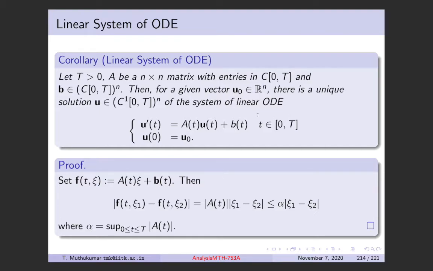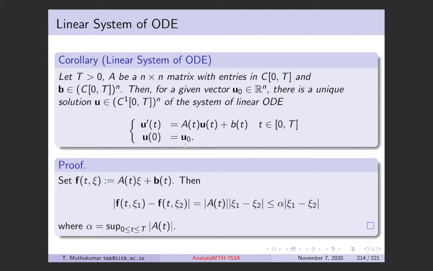It's a special type of non-linearity: it is linear in the kth derivative, but it can be non-linear in other derivatives. So we have shown existence of unique solutions for all kth order ODE IVP, the initial value problem, of the special type that we considered in the previous lecture, which includes the linear system of ODE also.